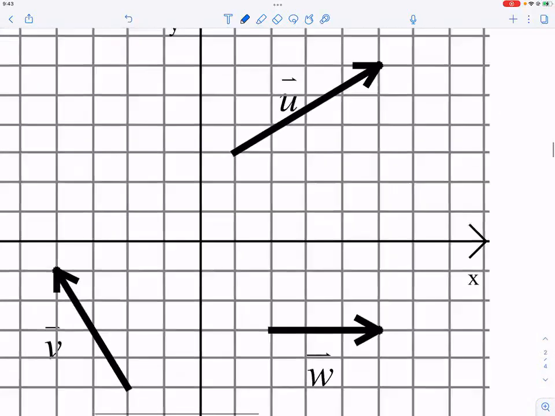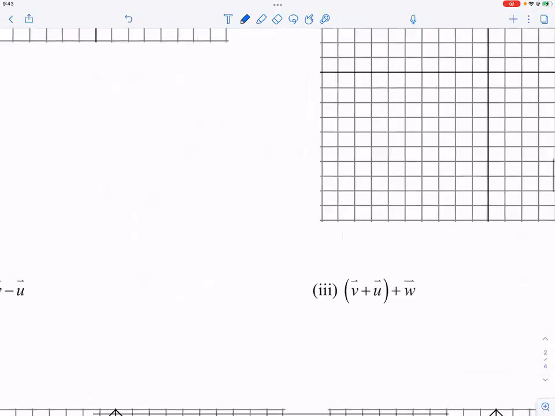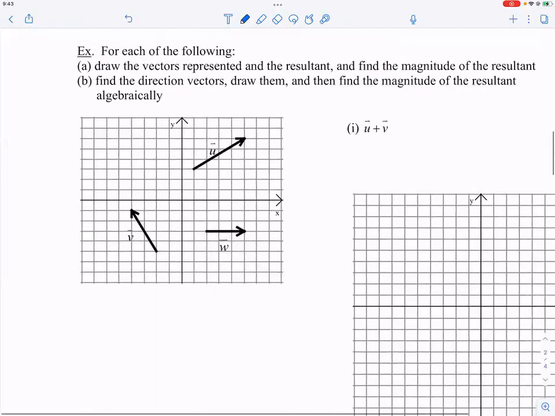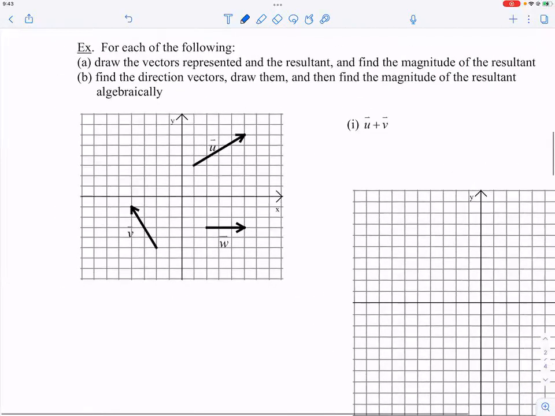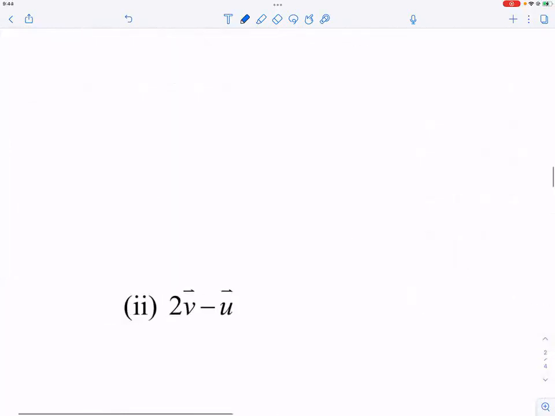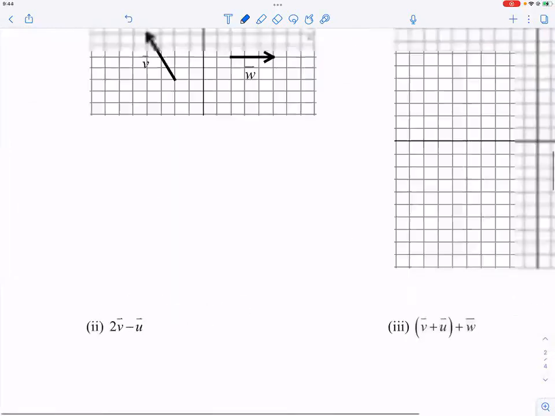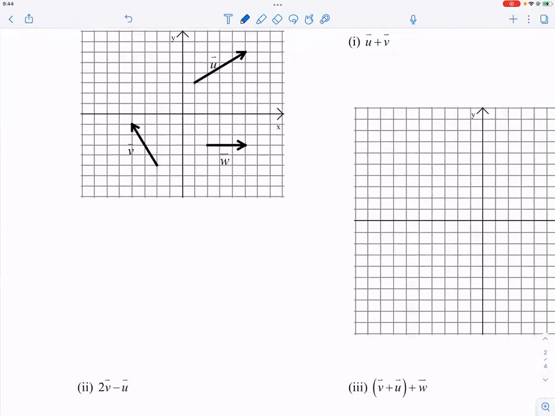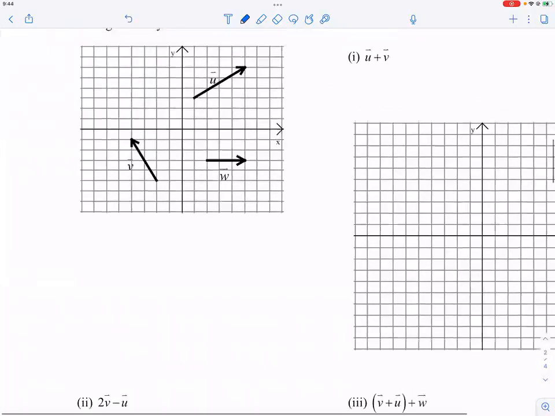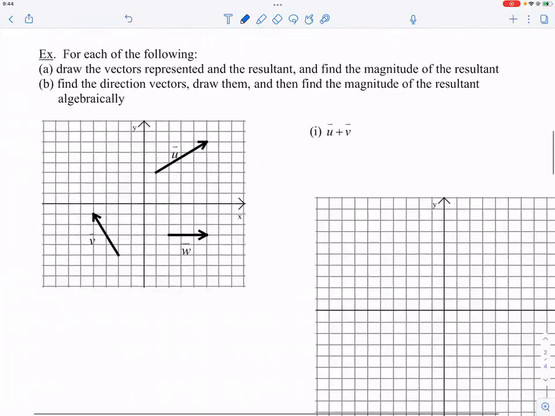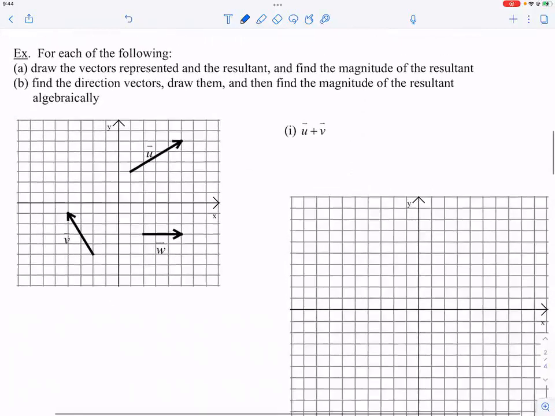So negative means opposite direction. Plus just means you join them together. If you have a number multiplied to it, the vector's length changes accordingly. If it's a 2, then you double it. If it's a 3, you triple it. If there's a minus in front of the vector, that means it changes its direction.